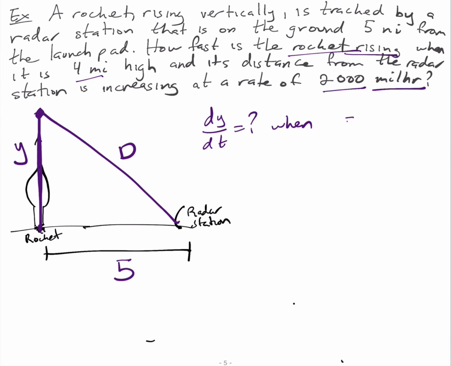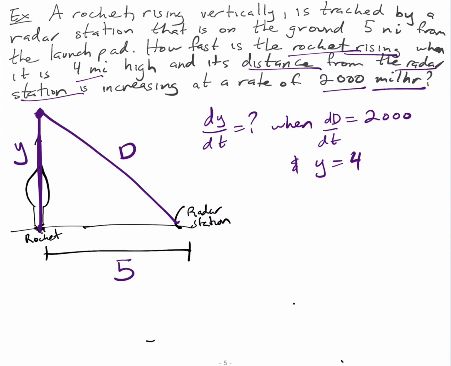When dD over dt is 2,000, right? The rate of the distance from the radar station. And what else? 4 miles. Y is 4, right? Notice that we did not put 4 or 2,000 on the picture because they represent points in time, right?